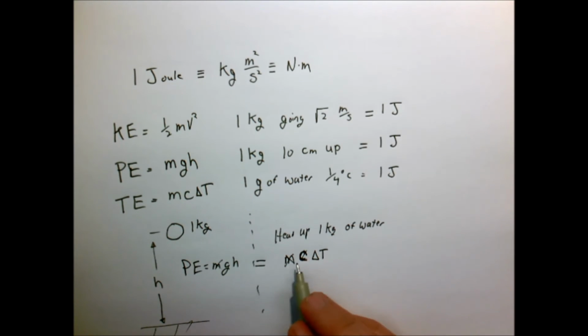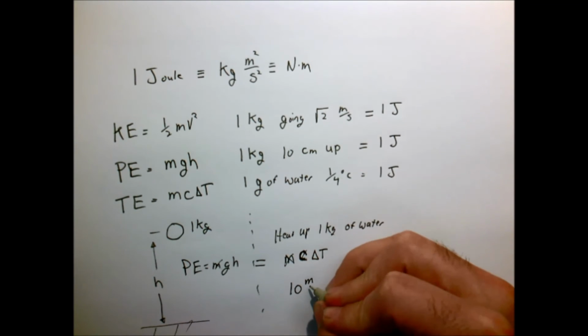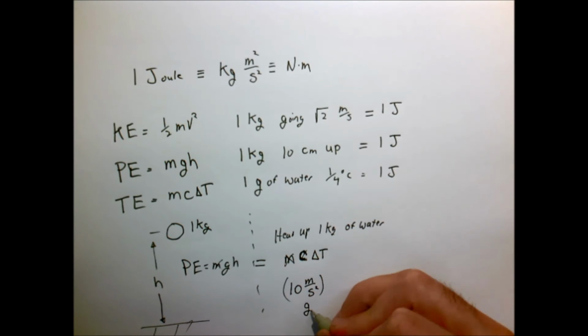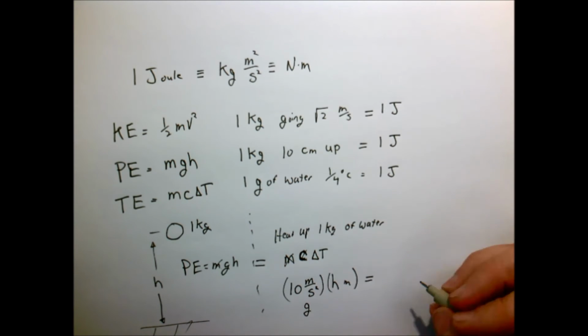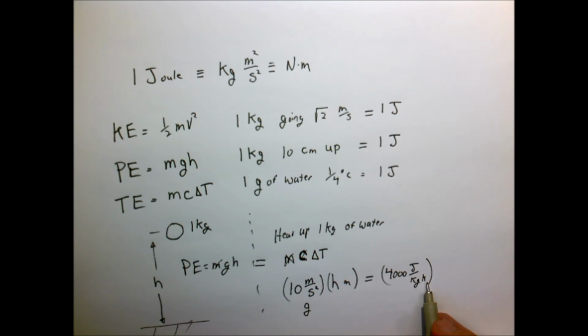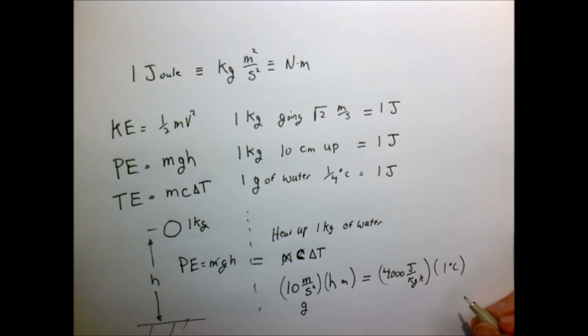So now I have g times h equaling mc delta T. So g, we'll say is 10 instead of 9.8 because I like 10, it's a better number. h will be something in meters, but we don't know what that is yet, equaling about 4,000 joules per kilogram Kelvin, which is the specific heat of water. You can look up the exact number, but I like to remember 4,000 just for remembering round numbers. And then we have our delta T, which we'll say is going to be 1 degree.